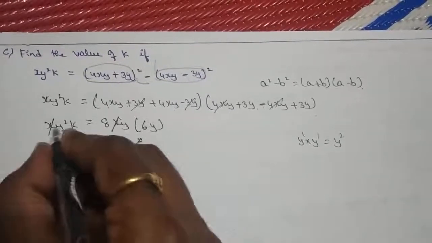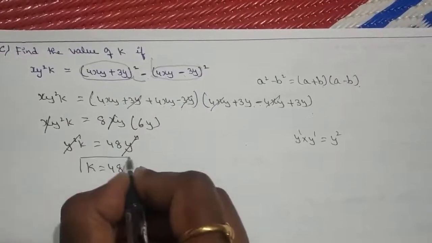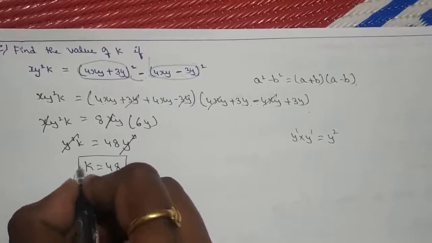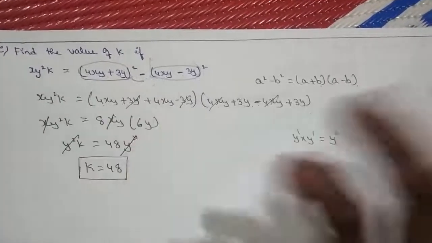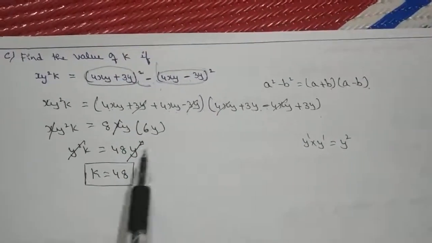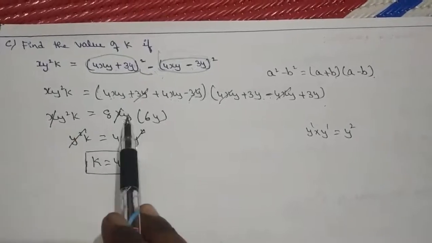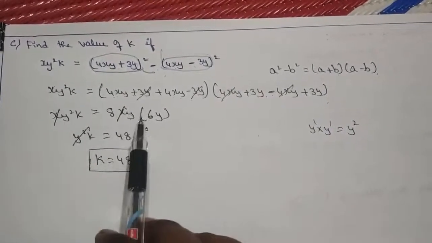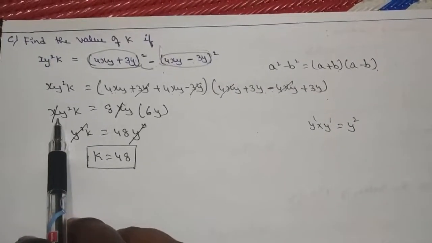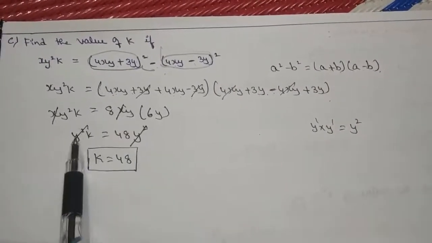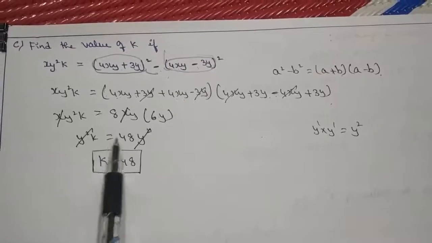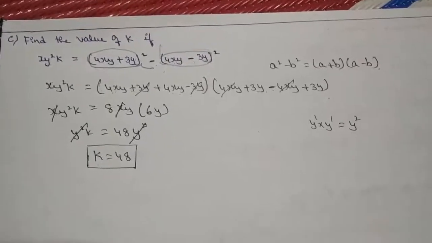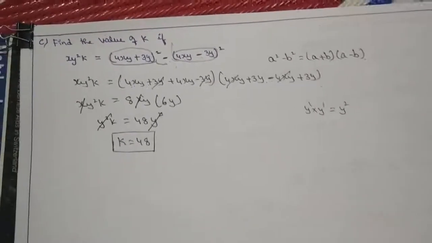So you have to equate here, children, because equating is given between the expressions here. Therefore we need to equate. If they are of the same variable, you can cancel it. Cancellation should be done only with multiplication. Clear? X gets cancelled, here y square gets cancelled, then we get the value of k. The value of k is 48 in the given question, children.